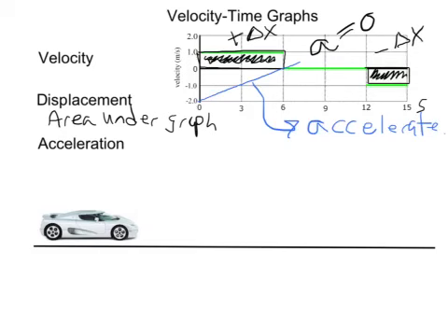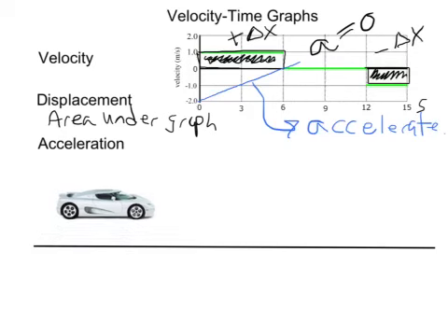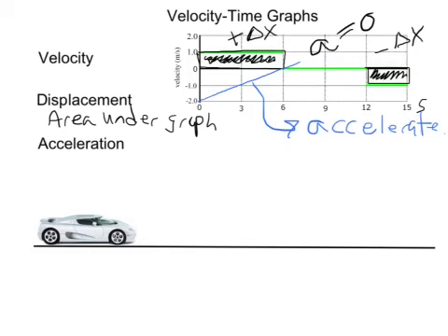Okay. So for this particular graph, what is the motion of that object? With a velocity time graph, we can't really tell if the object starts at the origin or not, so we can pick an arbitrary point. What this object does is it moves with a constant velocity of 1 meter per second for 6 seconds.